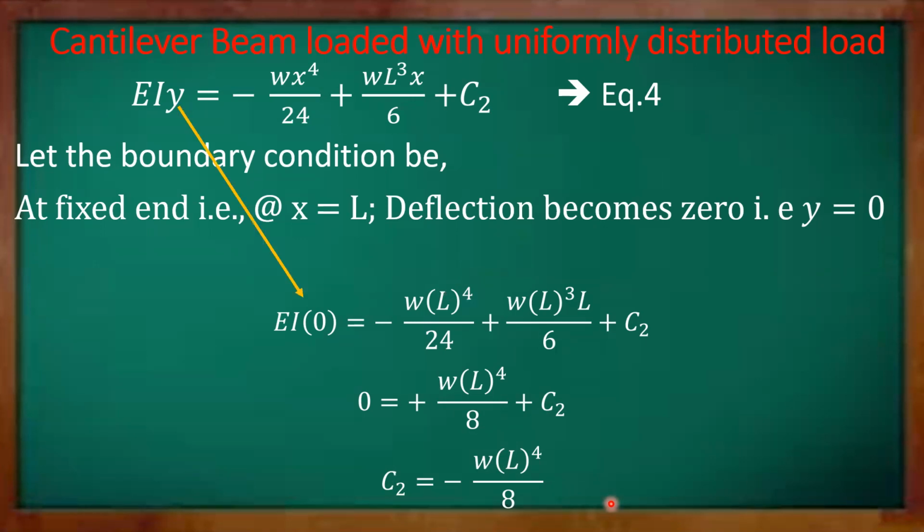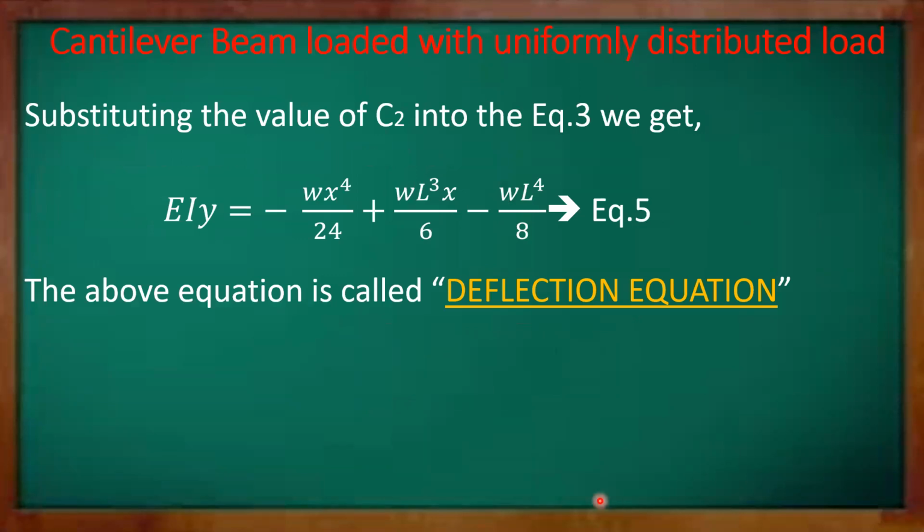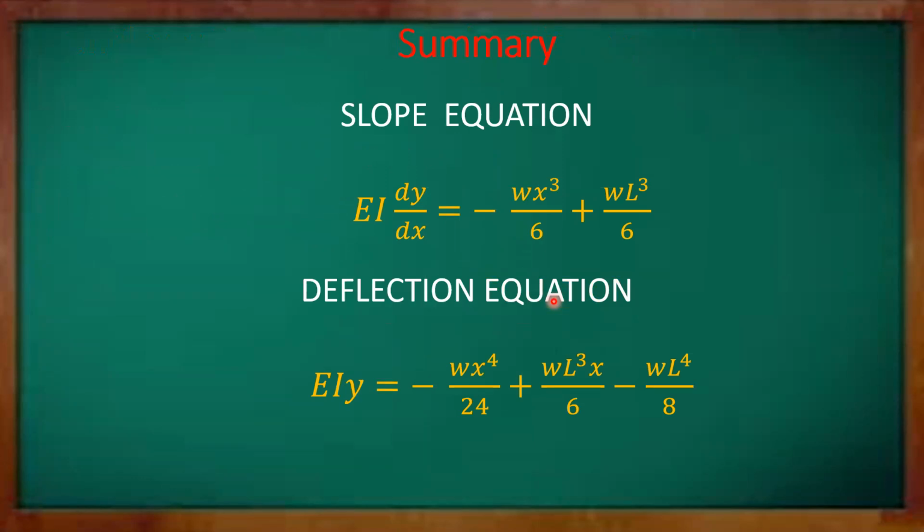We substitute this, and we will get the deflection equation, which is given by EI y is equal to minus w x power 4 by 24 plus w L cube x by 6 minus w L power 4 by 8. And this equation is called the deflection equation.